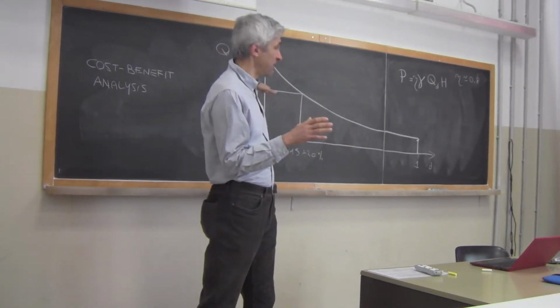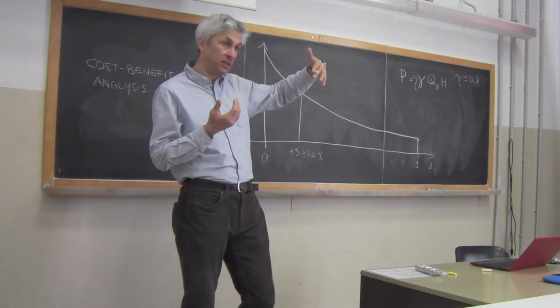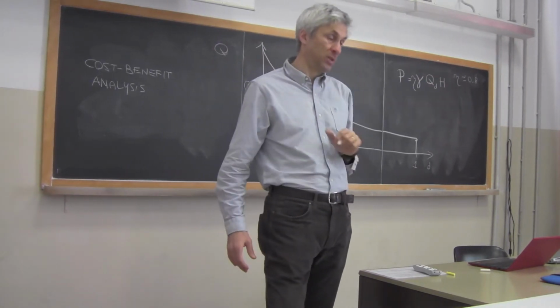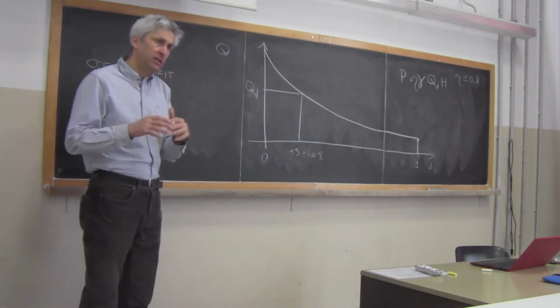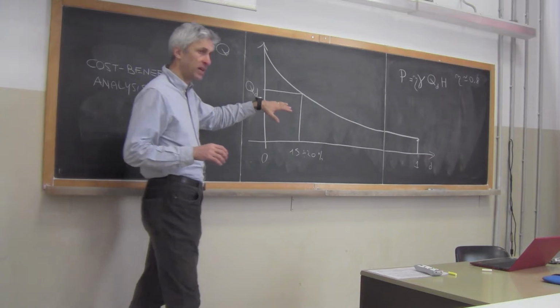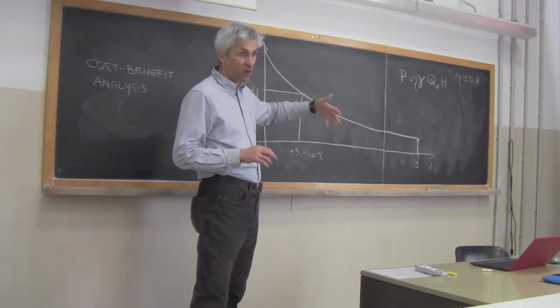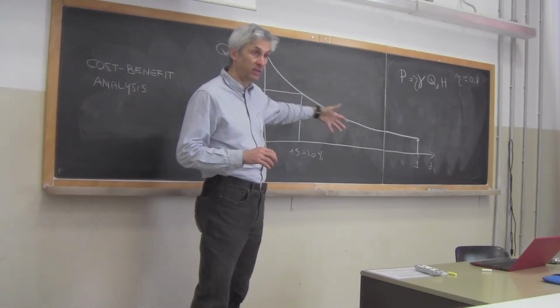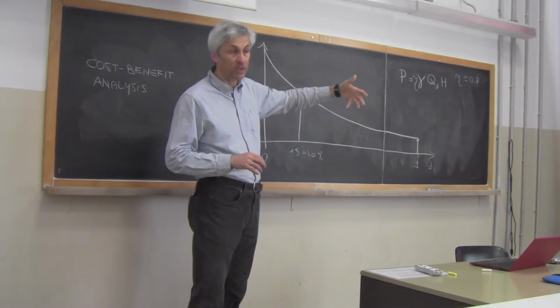The design flow is the max that I can take for a plant. I also want to know the average. Okay, you may say, but this is easy to reply, because I already mentioned that the area below the curve is the volume that passes through the river on average in 1 year.